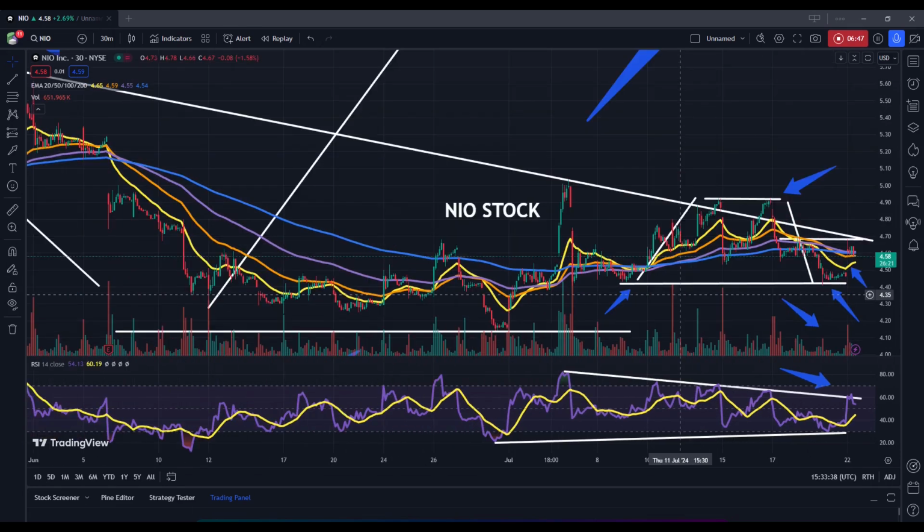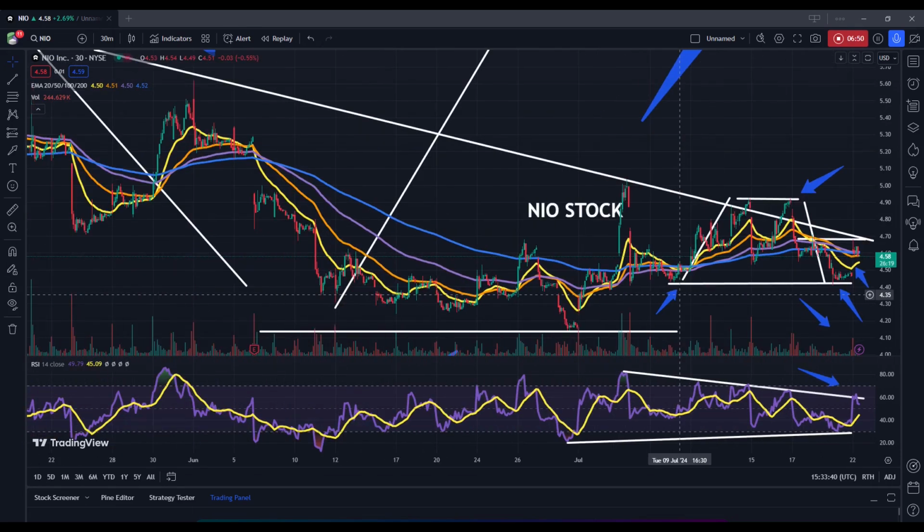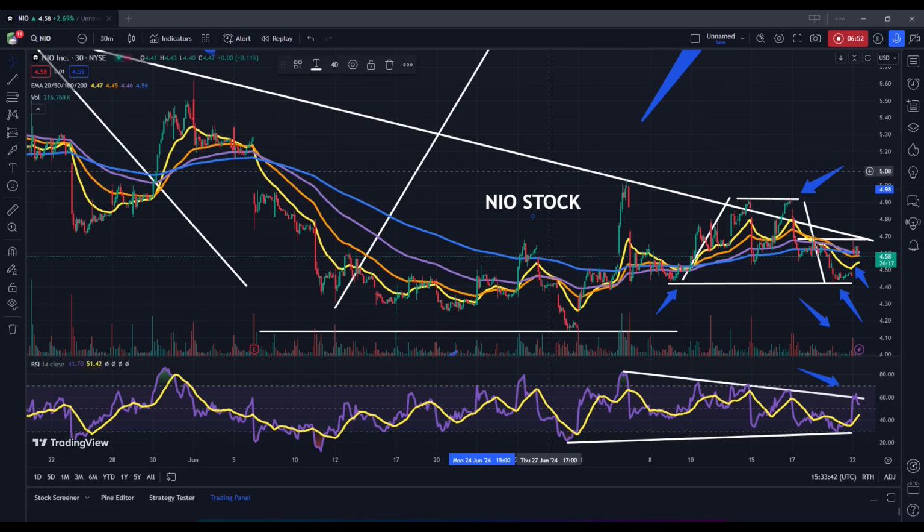This is important because it's a psychological level. Many people tend to focus on round numbers: $5, $10, $100, $1,000. I generally don't think those levels are so important, but here we can see there is a major historical resistance zone just ahead of this level.